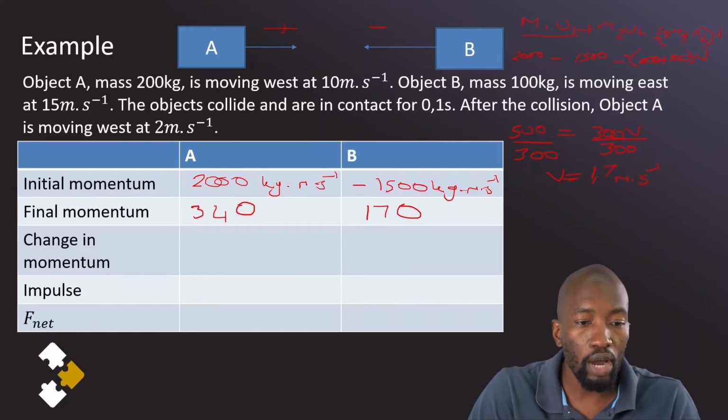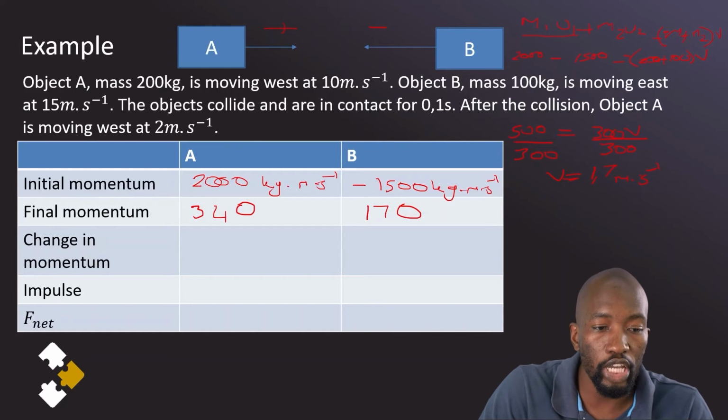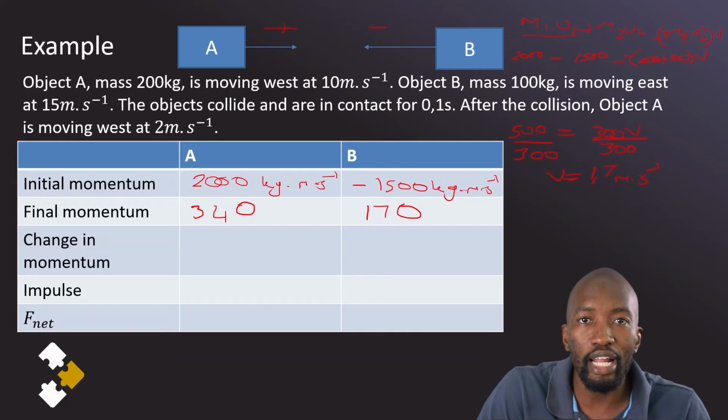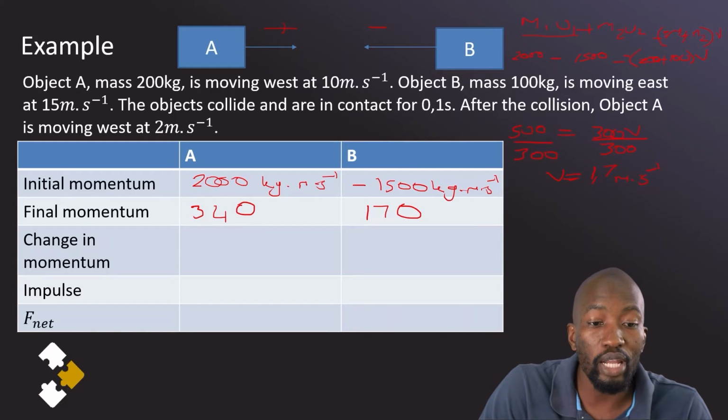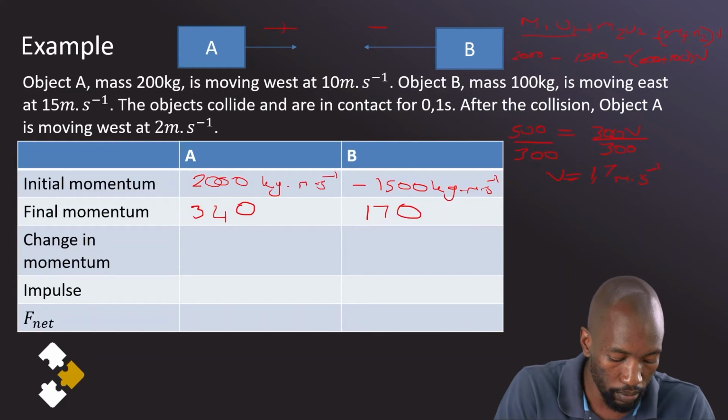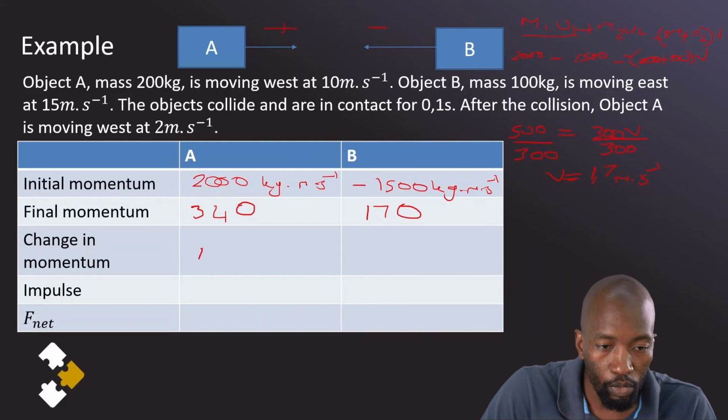There we go. Now it's quite easy for us to find the change in momentum. And how do we do that? The change in momentum is equal to the final momentum minus the initial momentum. So let's quickly find that on our calculators. That'll be 340 minus 2,000, and that is 1,660.